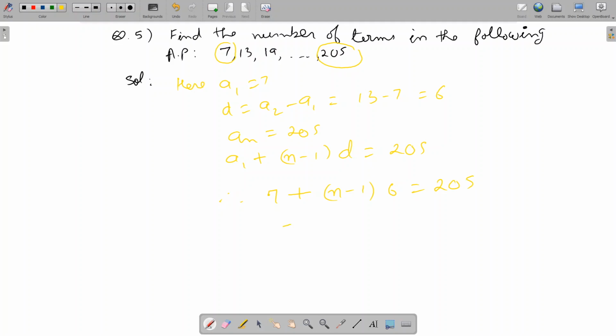So this will give us 7 plus 6n minus 6 equal to 205. Solving this, 7 minus 6 is 1. So 6n plus 1 equal to 205. Therefore, 6n is equal to 205 minus 1, and that is 204.